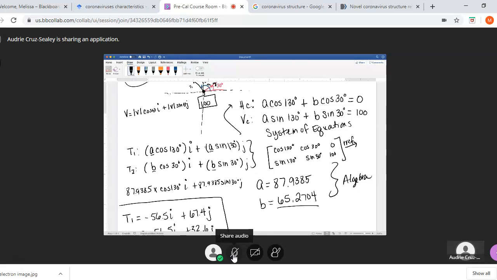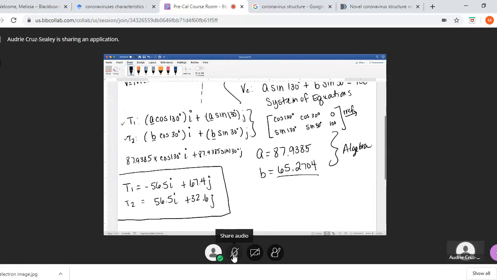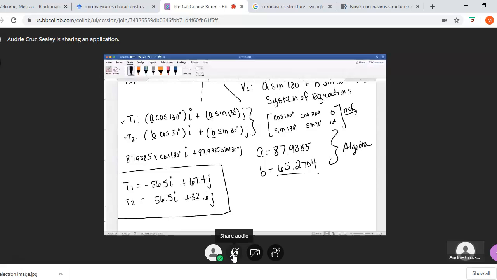So I put the coefficients in, all the numbers. I RREF'd it in my calculator, and I got this for A and B. So then I substituted A and B back into these tensions so that I can come up with the answer. And that's it. Those right there are the specific vectors holding that string, holding the weight.